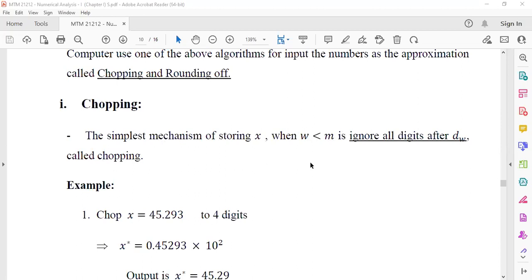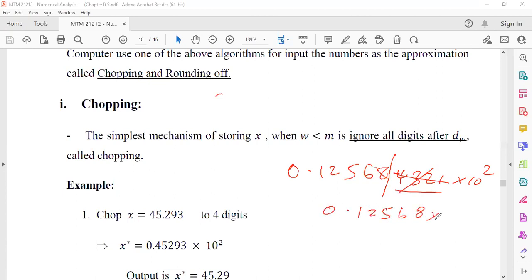Okay, that is called chopping. So for example, as I said earlier, if you have 0.12568 84321 to the power 10, so 2, 4, 6, 8, 9 digits. If you want only 5 digits, it ignores all these and gives the answer 12568 times 10 to the power 2.